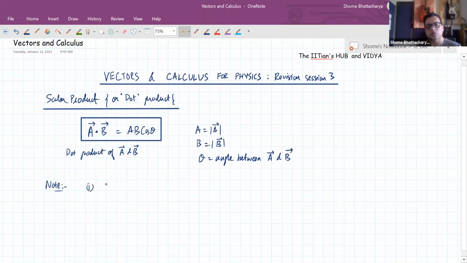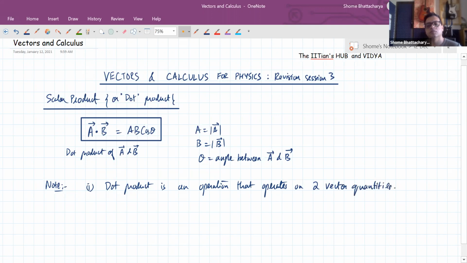First of all, we can see that the dot product is an operation that applies to two vector quantities. The output of this operation is a scalar quantity. On operating this, it gives us a scalar quantity.